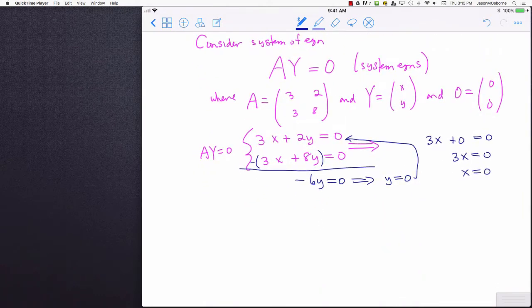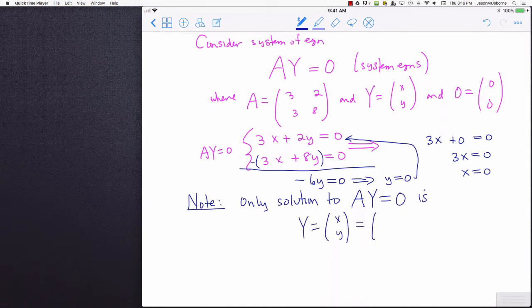The thing we should observe here is that the only solution to the system of equations AY equal to 0 is the 0 vector.